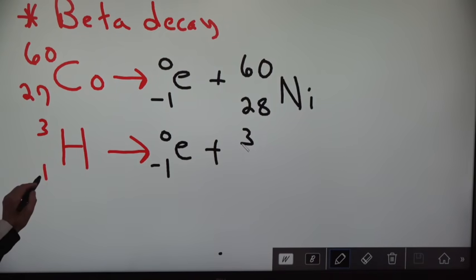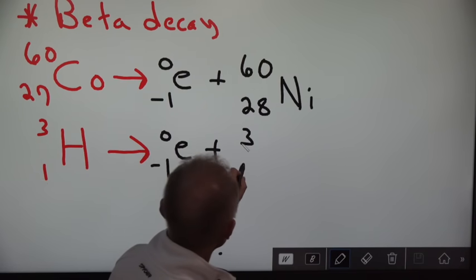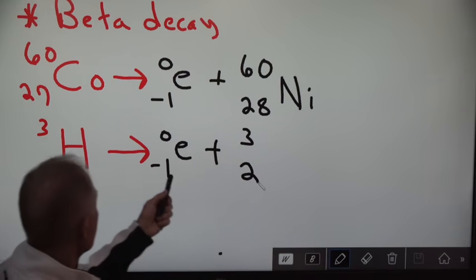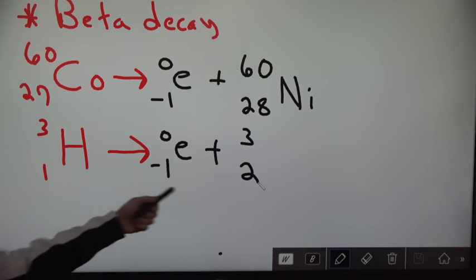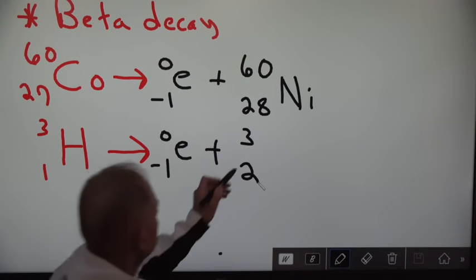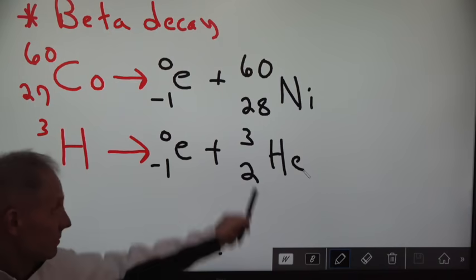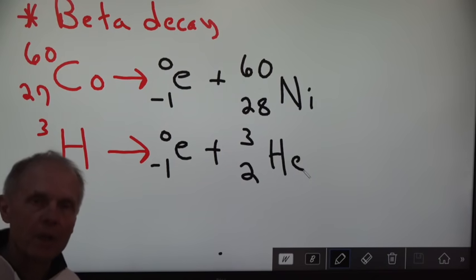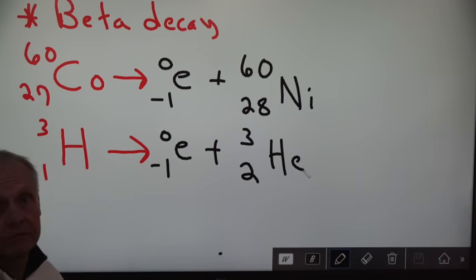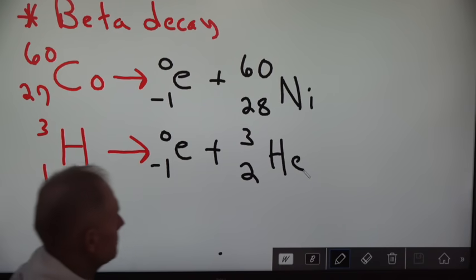And then if that's 1, and that's a -1, this has to be 2. 2 minus 1 is 1. And what has the atomic number of 2? Helium. But don't forget that helium is going to be a radioisotope. It's going to be radioactive. All right? One more, then I'm going to give you 2 to do.